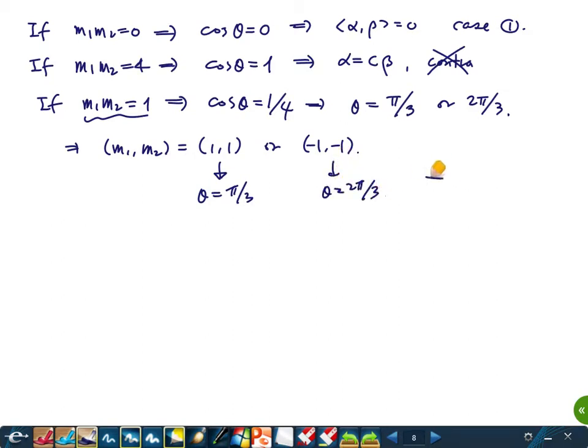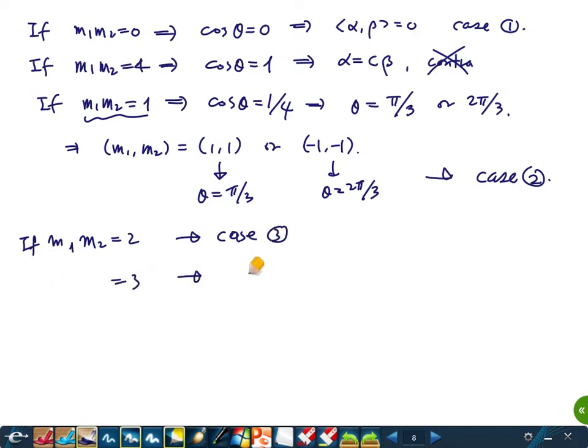So anyway, this corresponds to case 2. And of course, you know what to do for the remaining cases. If this is 2, then it corresponds to case 3. And if m equals 3, this corresponds to case 4. And that's basically the end of the proof. So using the fact that m1 and m2 both are integers makes this very simple.